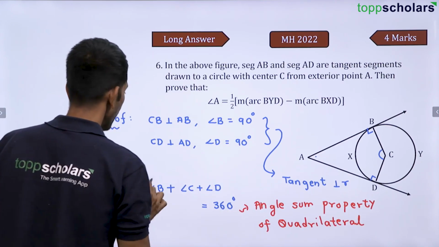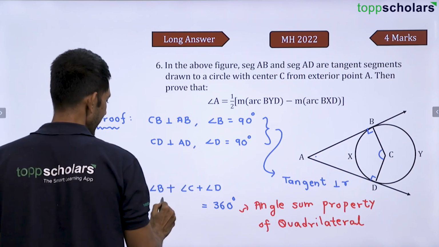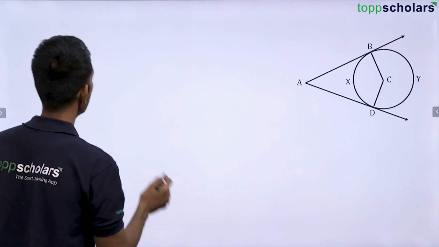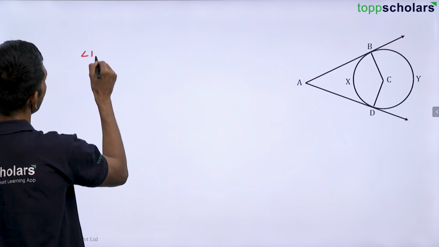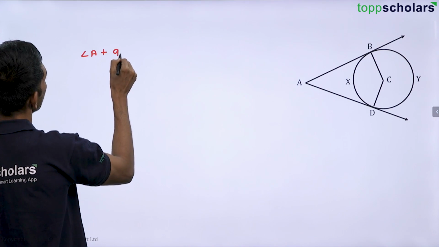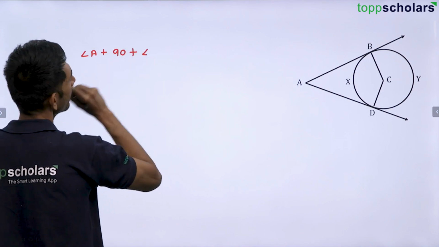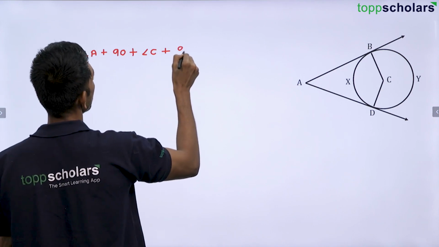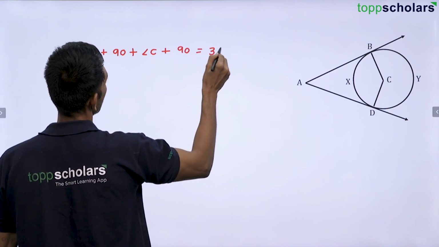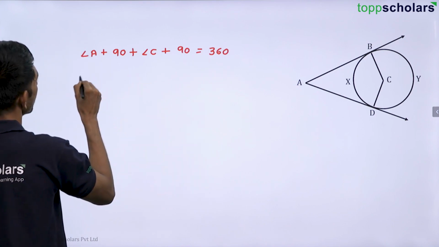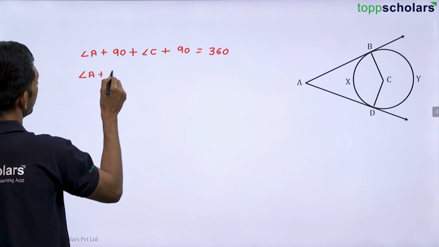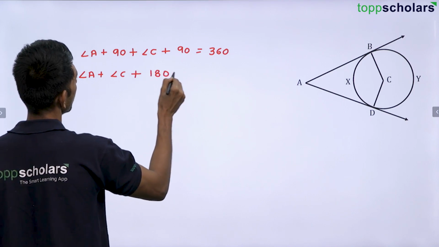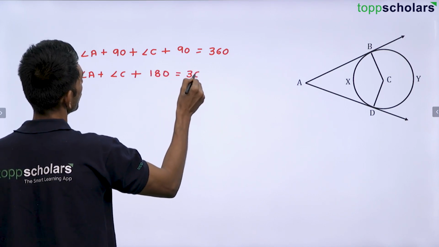Now understand. But we know that B is 90 and D is 90. So let us put that. So can I say angle A plus 90 plus angle C plus 90 is equal to 360. Angle A plus angle C, 90 plus 90 is 180, is equal to 360.